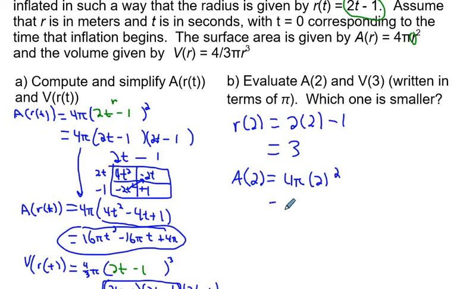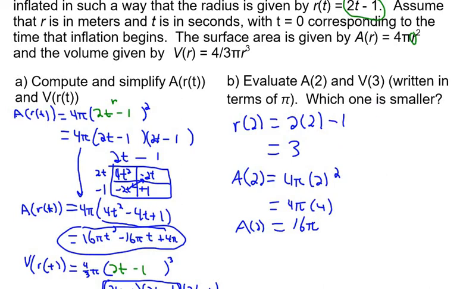Okay, so that would come out to 4 pi times 4, or 16 pi. Notice it wants it in terms of pi. So you could also have taken the 2 and put it into here as well, and you would have gotten the same answer, but obviously it would have been more complicated in there.